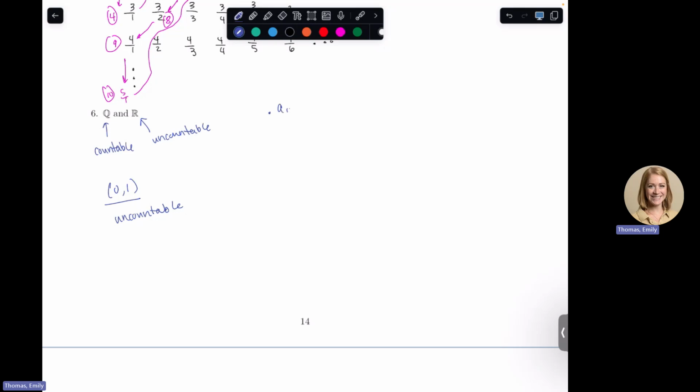So we're going to pretend we can make a list. This is a good exercise. This is a proof by contradiction. Let's pretend we can make a list of all of these decimals, and this again is going into a matrix. Maybe y'all will love linear algebra.